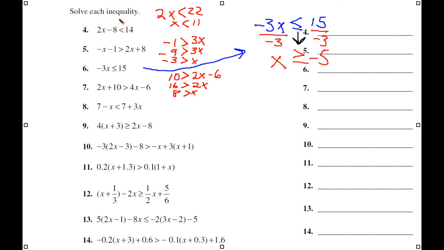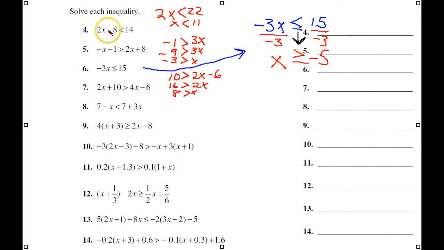If there are grouping symbols, we get rid of the grouping symbols. We combine like terms, then transpose. And we want to try to keep the variable positive. And there's a reason for that I'll get to very shortly. But let's do number 4 here.